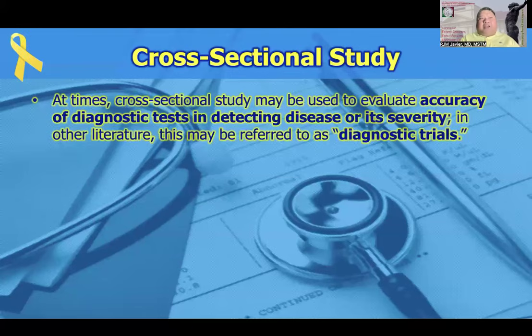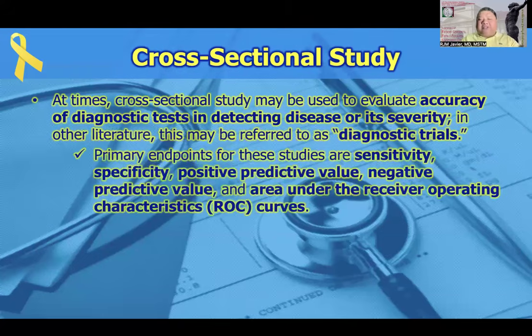Now, we also want to give a review of what we've discussed previously. When we talk of diagnostic tests, in previous lectures, we've talked about some of the concepts of sensitivity, specificity, positive and negative predictive values. These are all determined, no, utilizing cross-sectional studies. In newer textbooks, they are referred to as diagnostic trials.